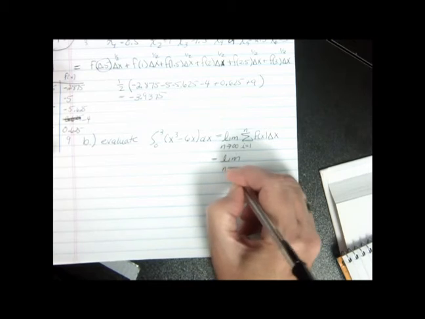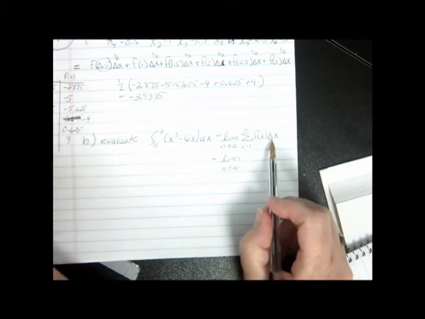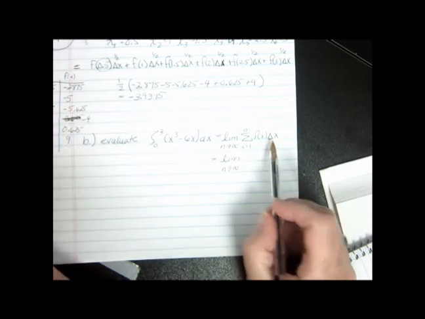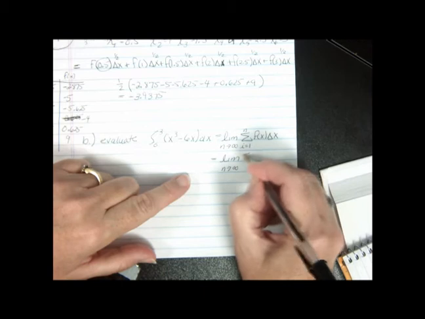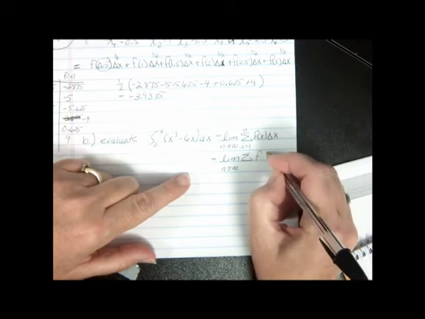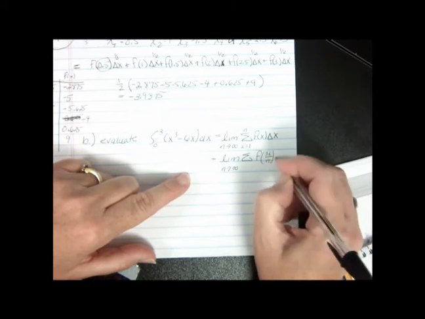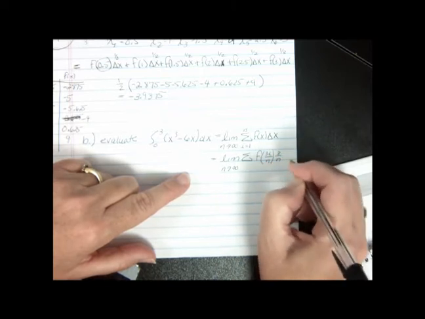So here I have my limit of f of x, delta x, and I'm going to substitute in for that my f of 3i over n times 3 over n. Okay, now why is it 3 over n?